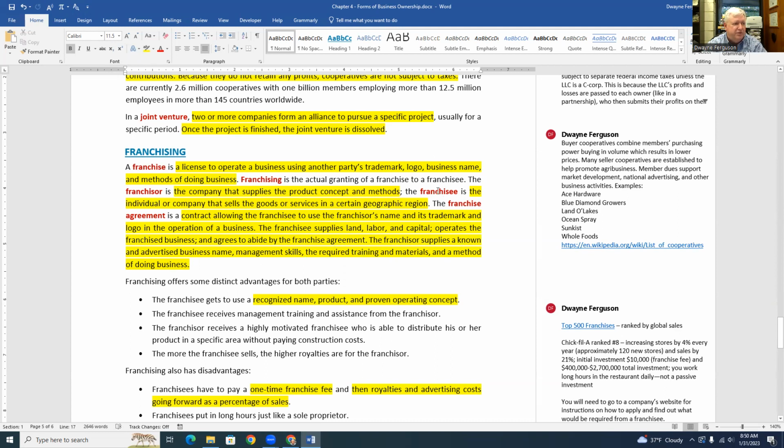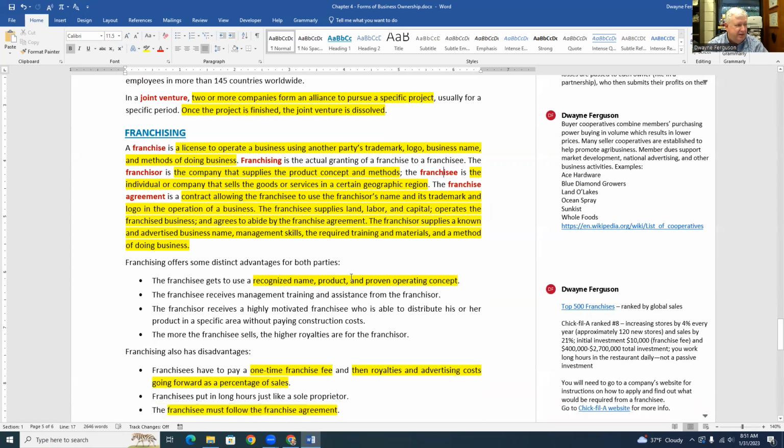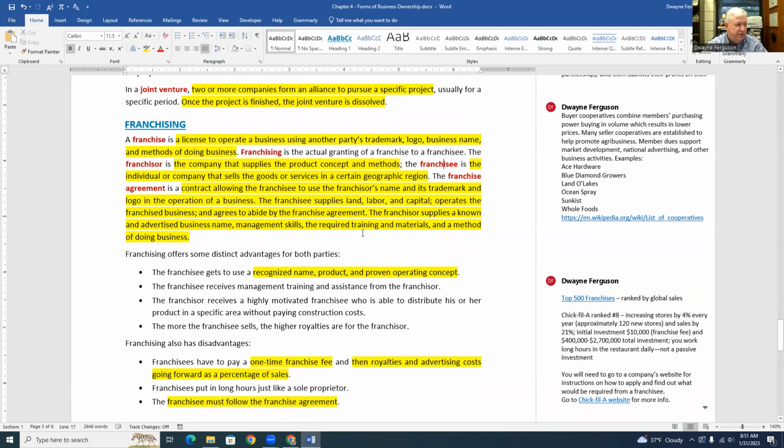Okay, so if you wanted to start a franchise, say Chick-fil-A, for example, you'd apply to the main company, and they have a very rigorous process for how they vet possible franchisees. You'd agree to use all their methods, the way they do business.